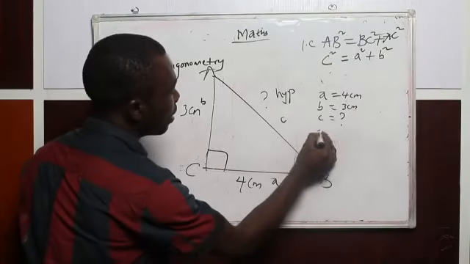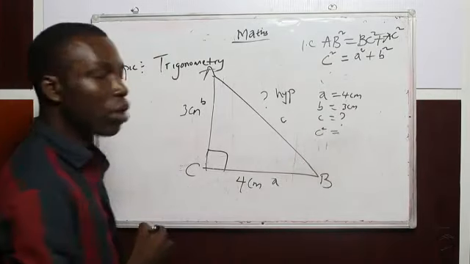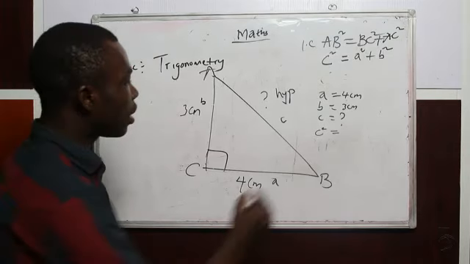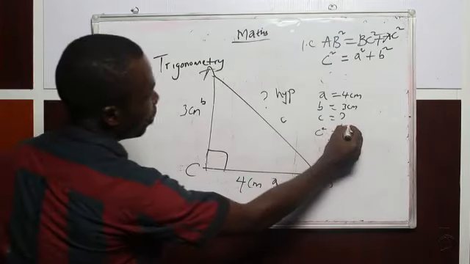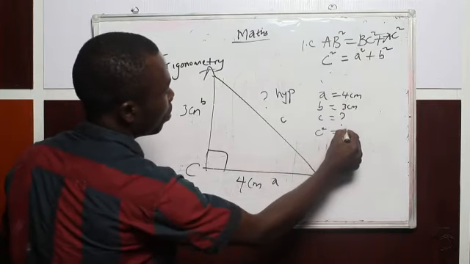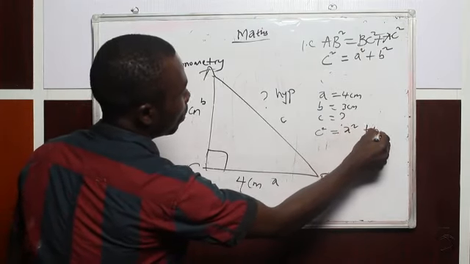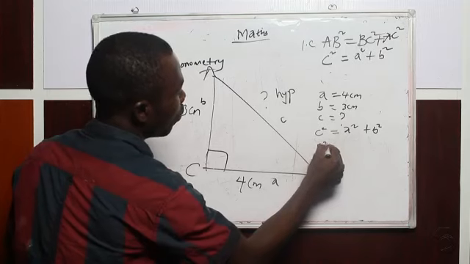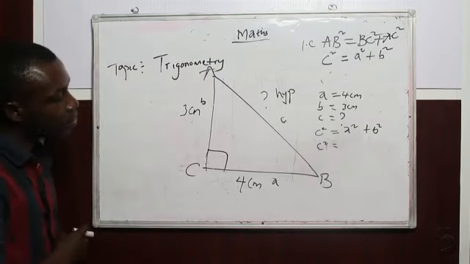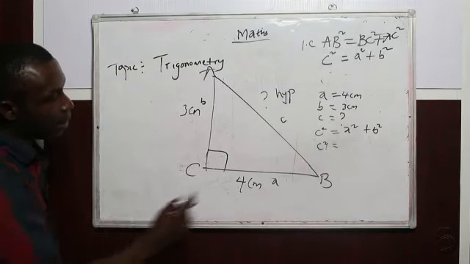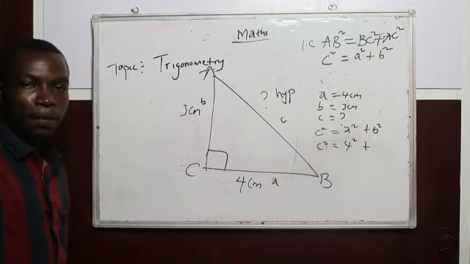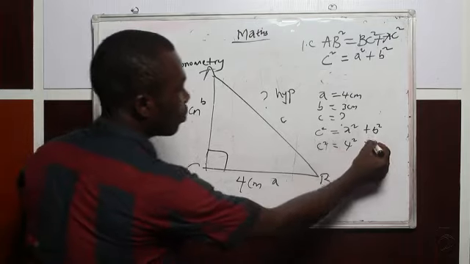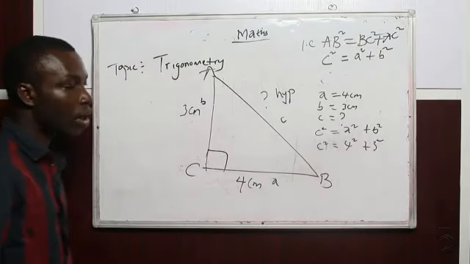Therefore, C square is equal to, according to Pythagoras, A square plus B square. What is our A square? Our A is equal to 4 square, plus, what is our B? Our B is equal to 3 square.